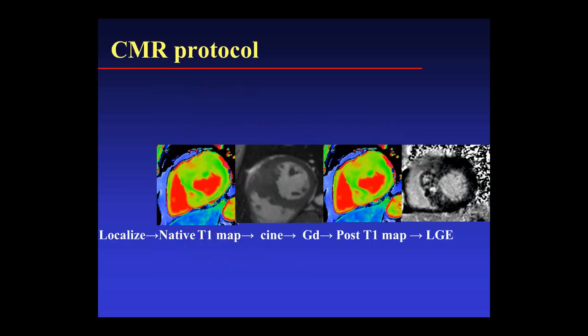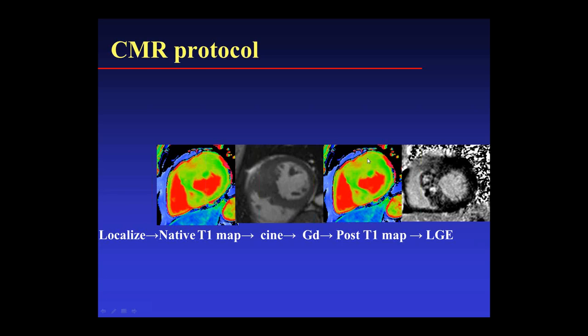The MRI protocol will take between 45 minutes to an hour. It will involve these kinds of images that you see on your screen: T1 mapping before contrast, and the Cine imaging, which is standard imaging for structure and function of the heart. You see in this individual patient a markedly increased thickness of the ventricular septum here in the short axis.